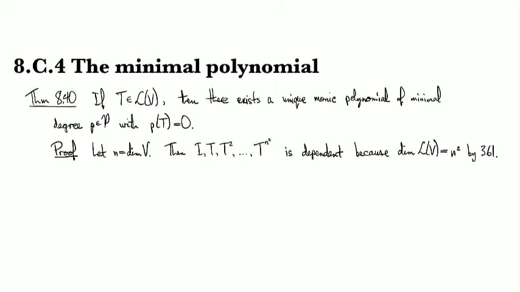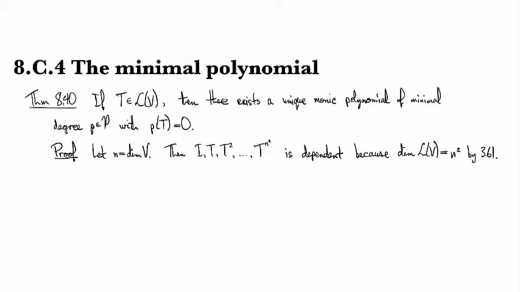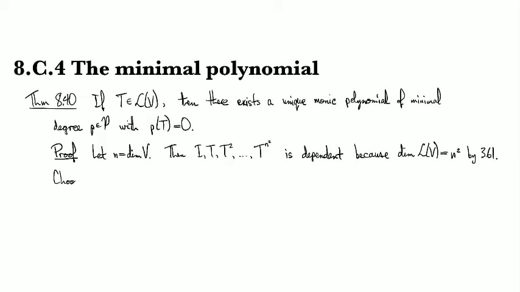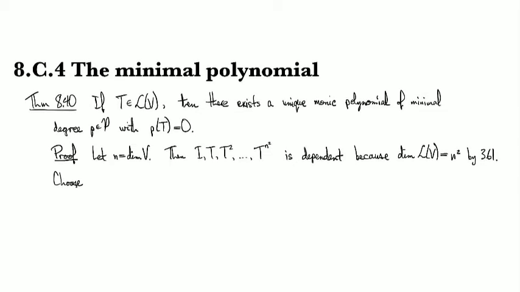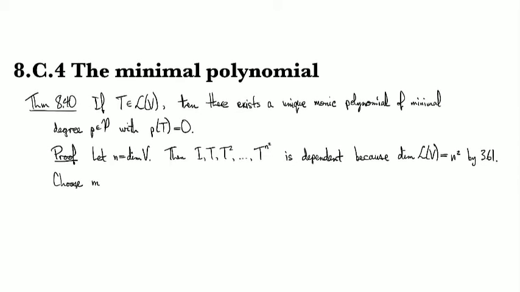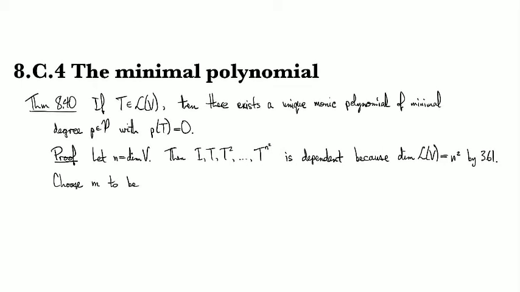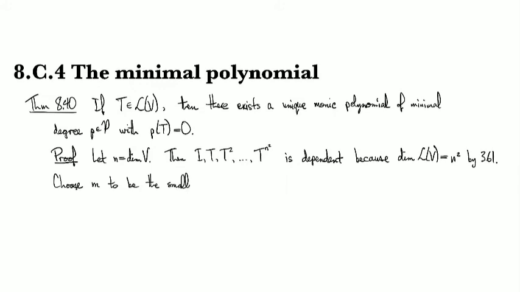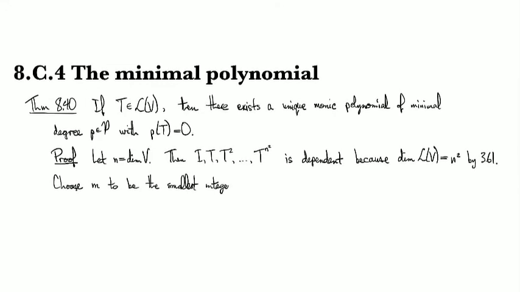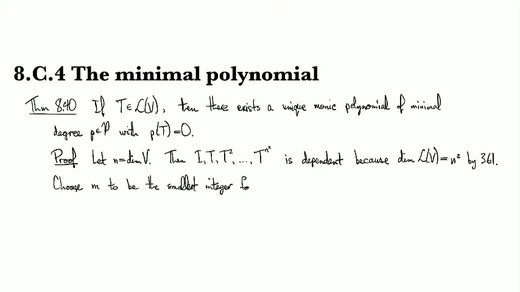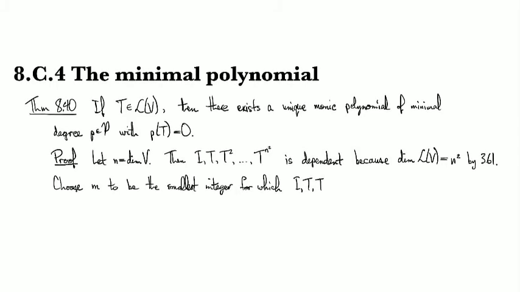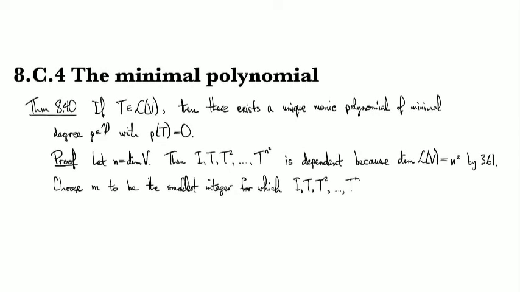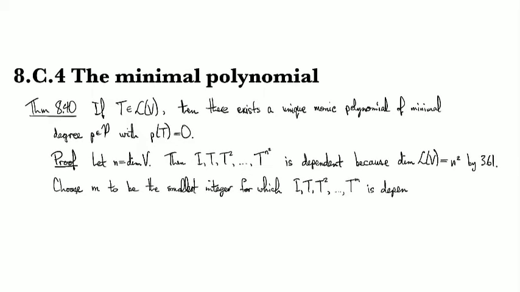Okay, and then from somewhere else way back in chapter 3, or maybe even chapter 2, actually, in chapter 2, there was a lemma that said, you know what, if you've got a dependent list, then there's a first place where it becomes dependent. So we can choose m to be that first place. So choose m to be the smallest integer for which the list I, T, T squared up to T^m is dependent.